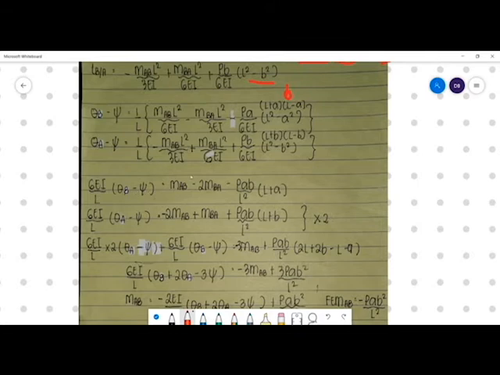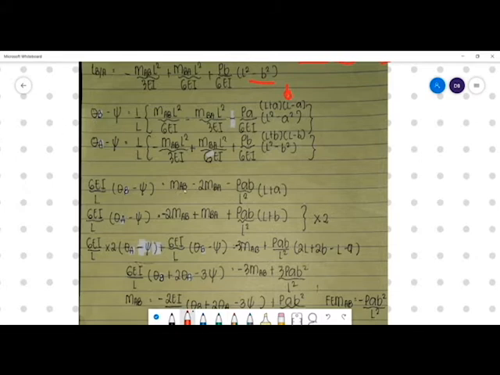So, what I did here is I decided to multiply each side by 6EI over L, in order for this to be cancelled out, so that we can transfer it to the other side, because we need M sub AB and M sub BA.